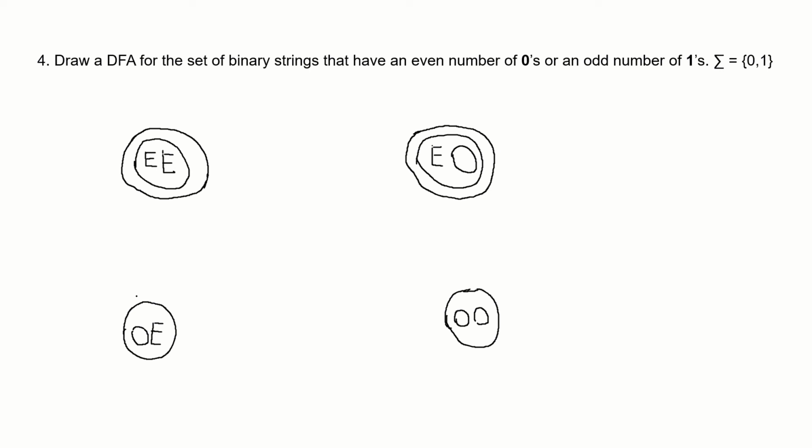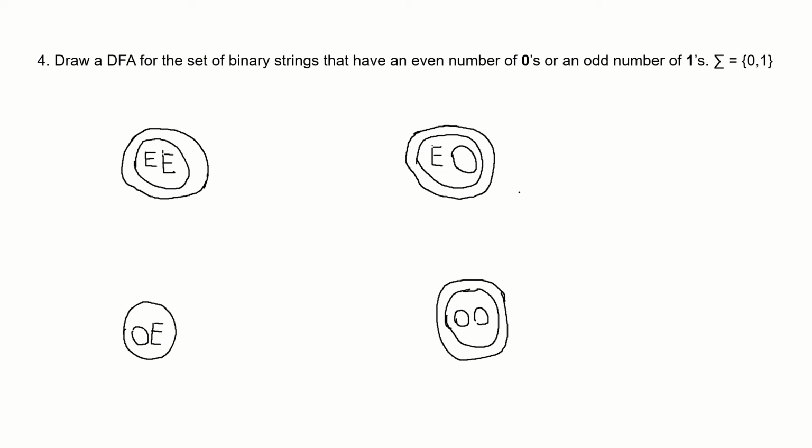And this is odd 0 and even 1, so this won't be a final state, right? Because we need either even 0 or odd 1, but this doesn't satisfy any of the conditions. But this one satisfies the odd number of 1 condition, so this will again be a final state. So there will be 3 final states.